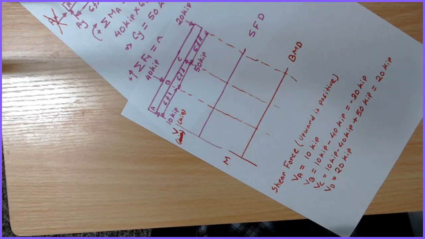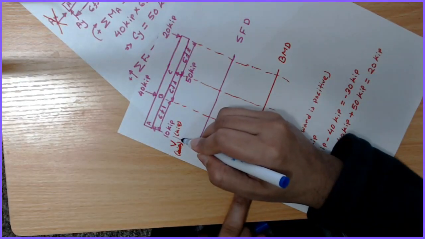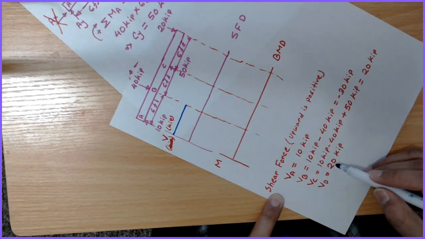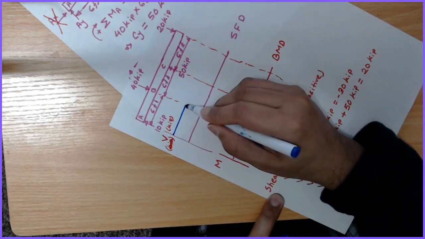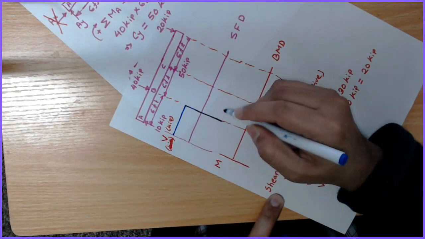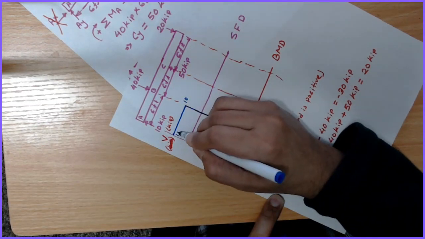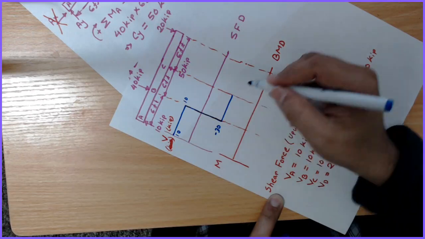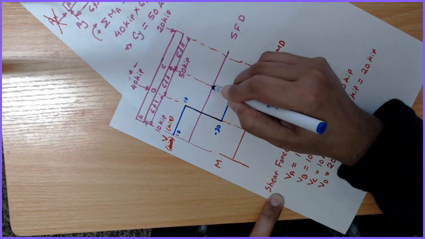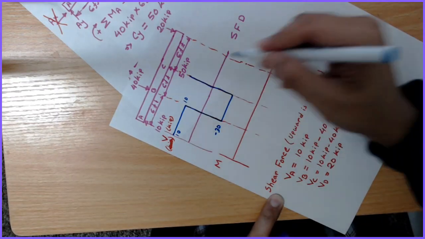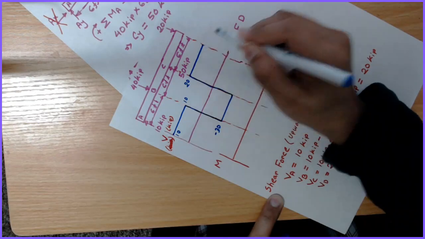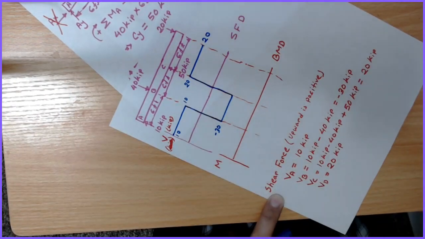If I draw my shear force it is 10 kips, and then this is 20, then minus 30 kips, say this is 10, this is 10, and this is minus 30, then again there's a 20 kips at C position, so this is 20, and at D position it is 20. So this is my shear force diagram.